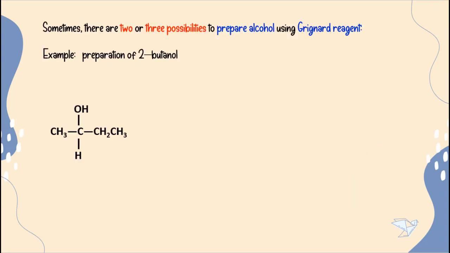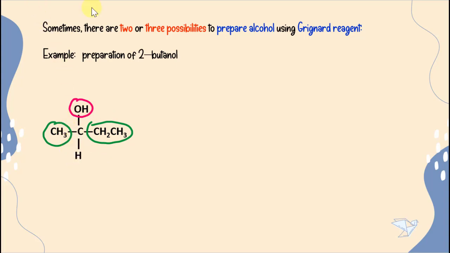Sometimes there are two or three possibilities to prepare an alcohol via Grignard reagent. For example, if we have 2-butanol, the OH group is attached to this carbon. From this carbon, we can see that we have two different alkyl groups attached to it. That means we have two possibilities to form the 2-butanol via Grignard reagent.